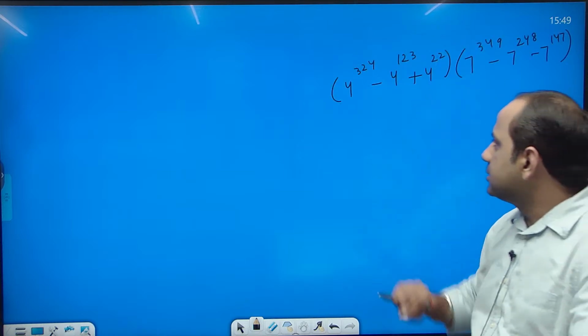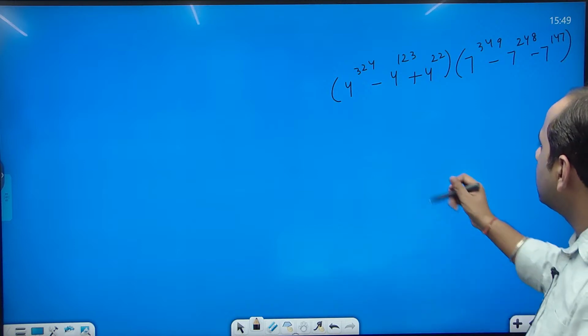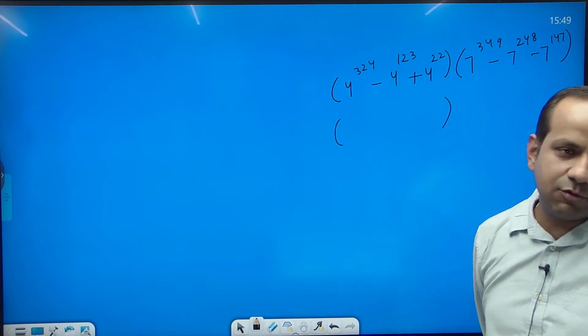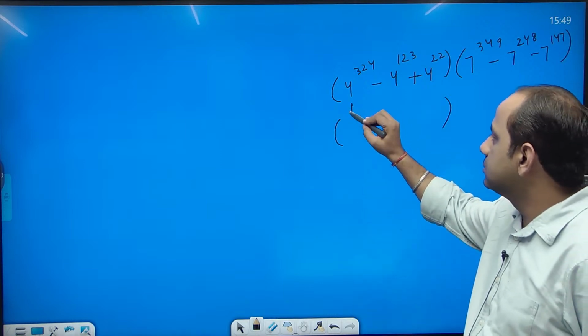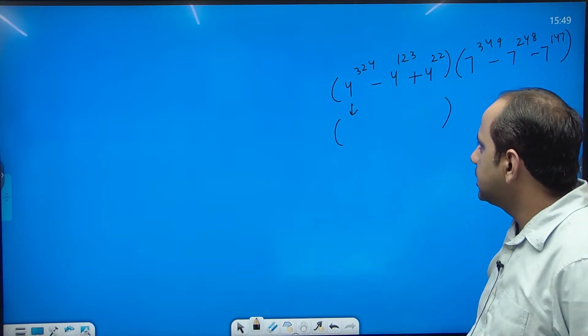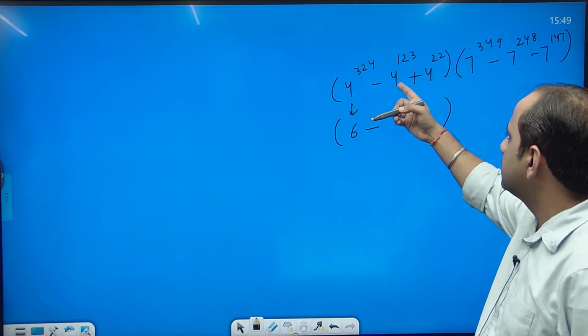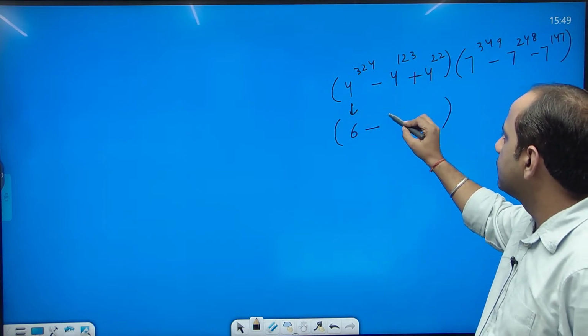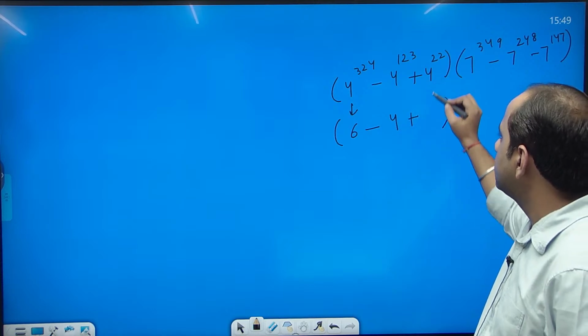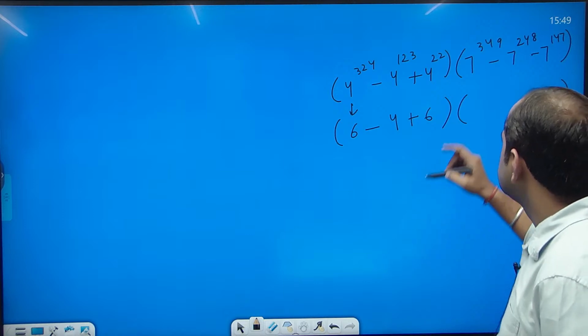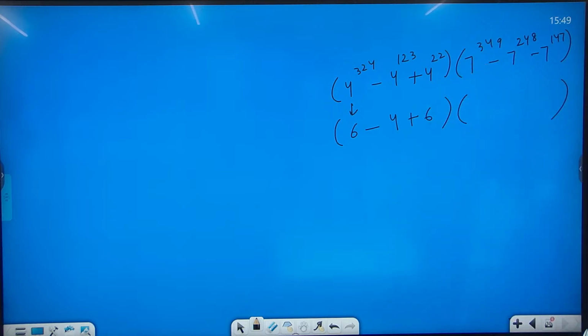Okay, let's understand this. What will be your answer? So first of all, let's deal with the first bracket. 4 to the power 324 will be 6, because it is in the second category. In this bracket, 7 to the power 349 will be 7, minus.